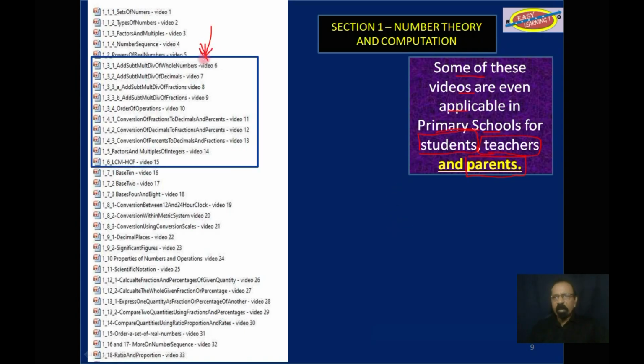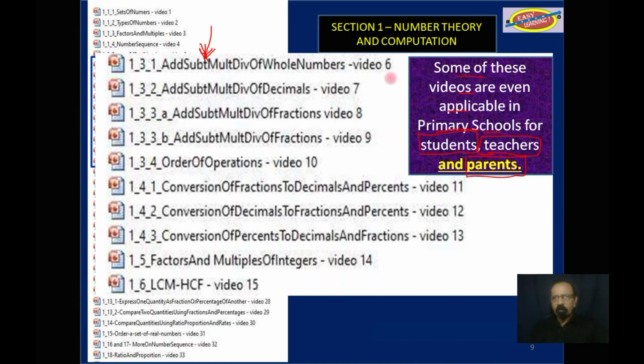For example, if I expand that blue box there, notice that video 6 says add, subtract, multiply, and divide whole numbers. Now, this is work done in grade 3 in primary school. Video 7 says add, subtract, multiply, and divide decimals. That is work done in grade 4. Video 8, add and subtract fractions.